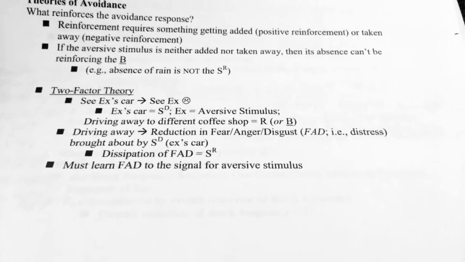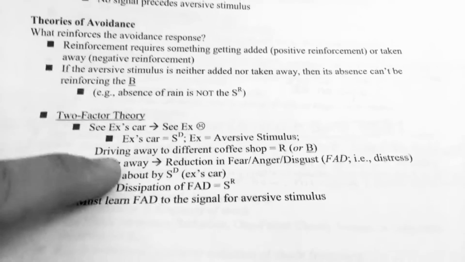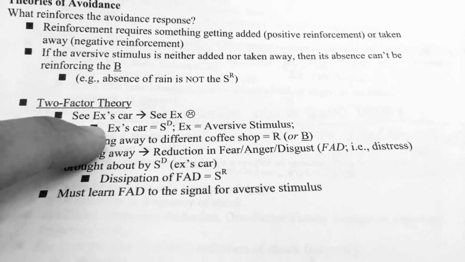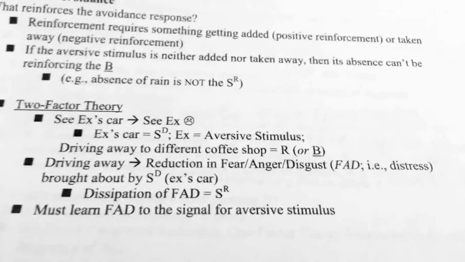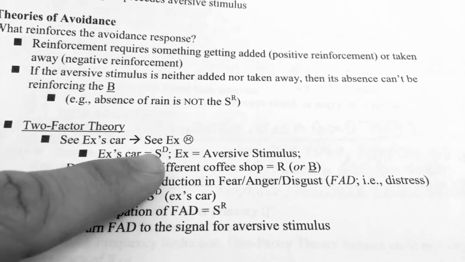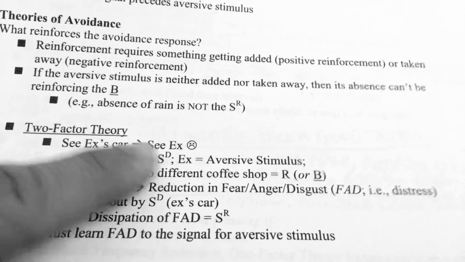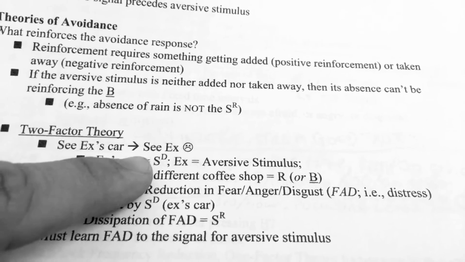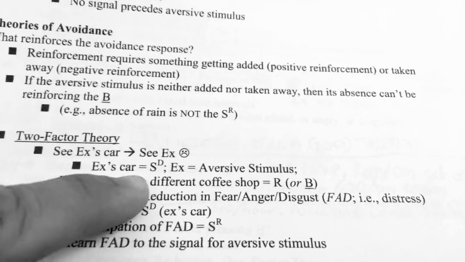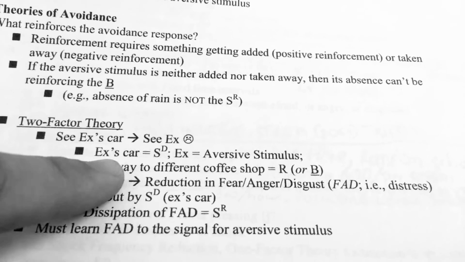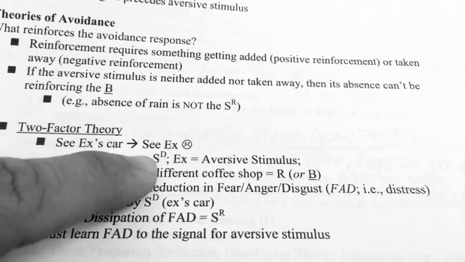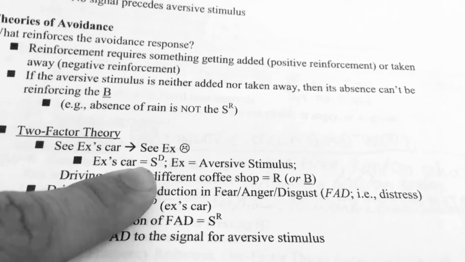Okay, so two-factor theory. You see your ex's car in the parking lot. You're on your way to the coffee shop. You see your ex. This definitely should be avoidable. However, this is how you have now remembered that this is an aversive stimulus. Now, you see your ex's car, and that becomes an SD.